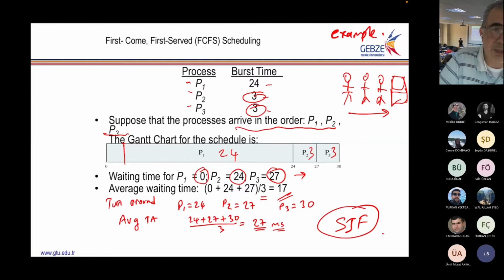I make an analogy with that using angry customers. A customer can wait, but as you wait, your temper increases slowly. So if you are waiting too much, you are angry, then your priority changes. You go to the scheduler and complain.